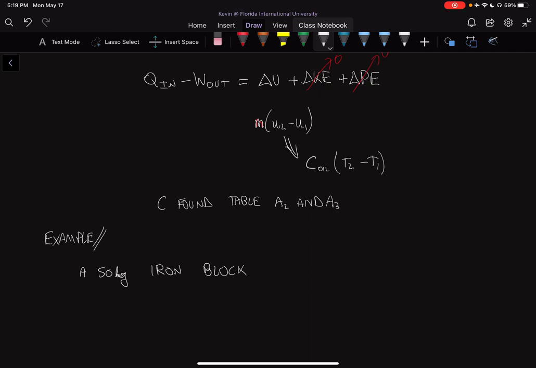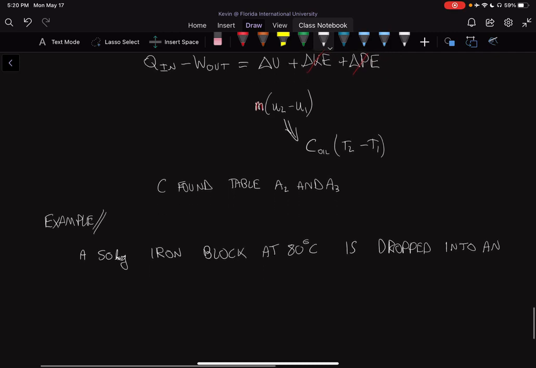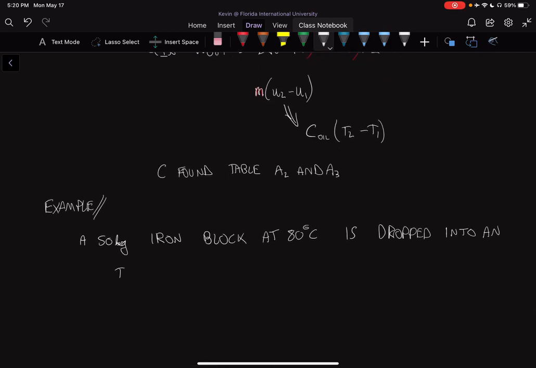A 50 kilogram iron block at 80 degrees is dropped into an insulated tank, and this insulated tank contains 0.5 meters cubed of liquid water at 25 degrees Celsius.